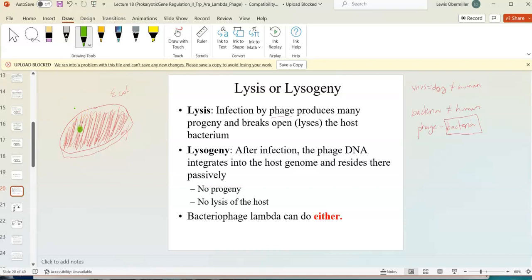Okay, so you're going to get these areas of clearing because what happens is you have your bacteria, it has a cell wall, and the virus, bacteriophages look kind of like lunar landers, and they're going to come in and inject their genetic material. They hijack the hosts, and the hosts make lots of viruses.